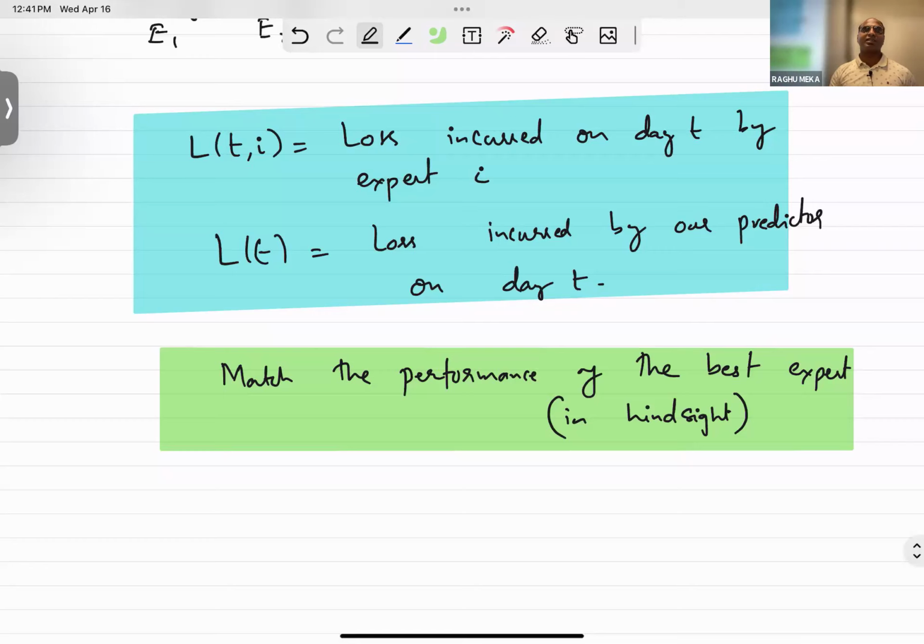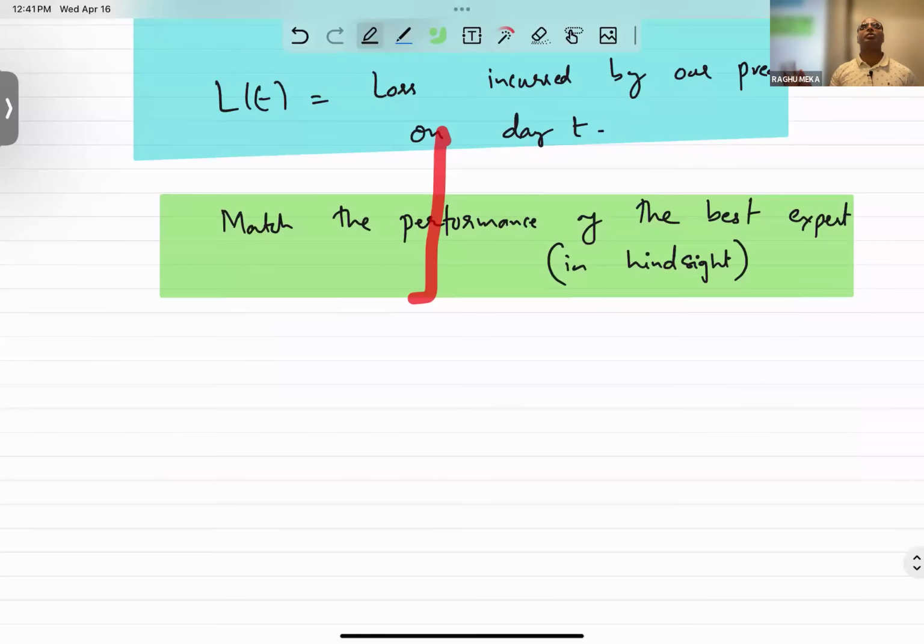Or then I have just people making predictions. So thousands of different models that I've built, and you can imagine having some kind of aggregator which doesn't know which of these models is the best one, but is trying to match the best one in hindsight. Okay, so it's very applicable in ensemble learning, where you have different models and you're trying to aggregate them in some way.